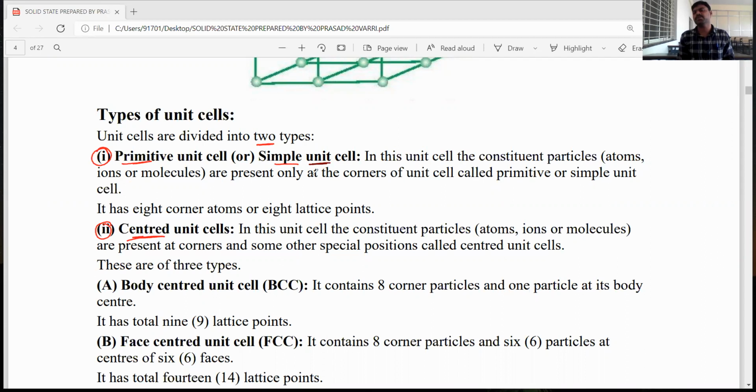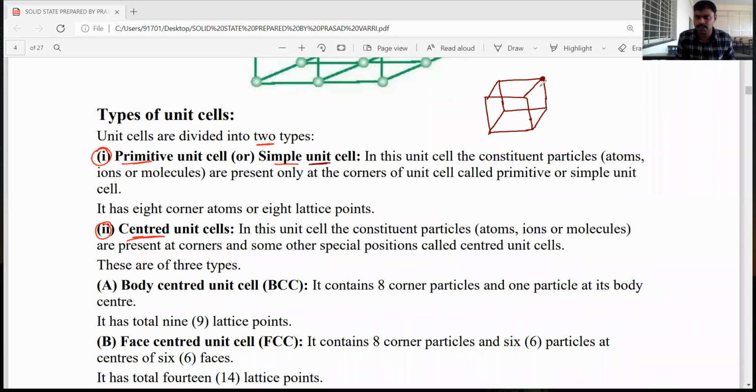A primitive unit cell or simple unit cell means the unit cell in which constituent particles, meaning atoms or molecules or ions, are present only at the corners. For example, this is one simplest repeating unit cell. You have to imagine that this is a three-dimensional arrangement of lattice points, and the simplest repeating portion in a space lattice is known as a unit cell.